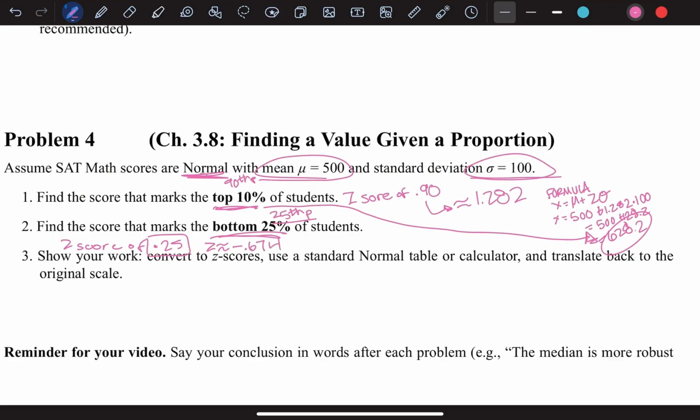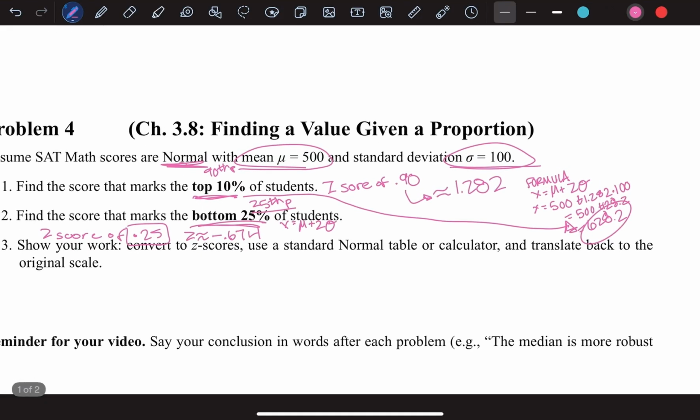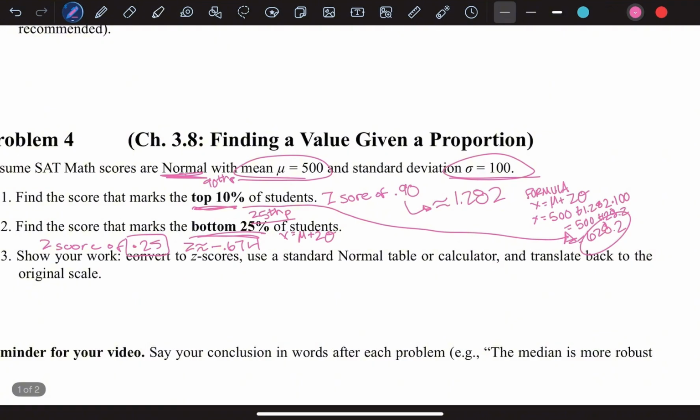Using the same formula, x equals mu plus z sigma. Plug in our numbers, x equals 500 plus negative 0.674 times 100.